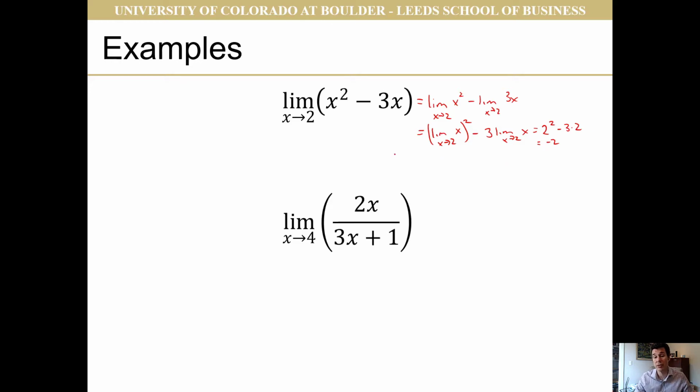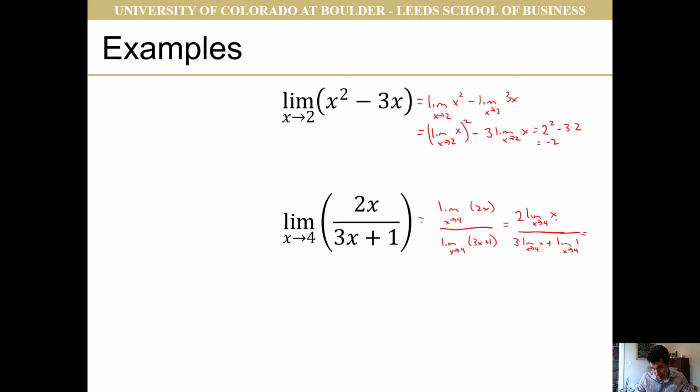The limit as x goes to 4 of 2x divided by 3x plus 1. Again, we can break this into parts. The limit as x goes to 4 of 2x divided by the limit as x goes to 4 of 3x plus 1, which is 2 times the limit as x goes to 4 of x divided by 3 times the limit as x goes to 4 of x plus the limit as x goes to 4 of 1.